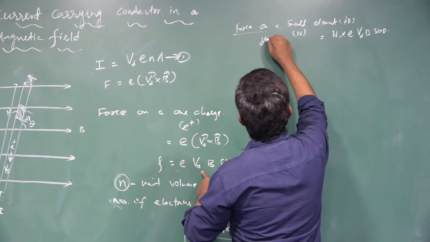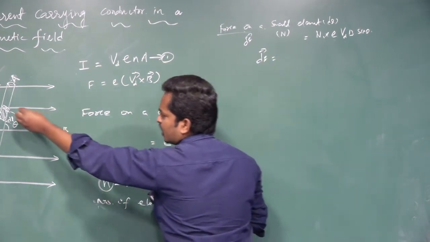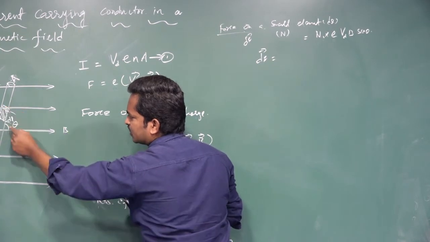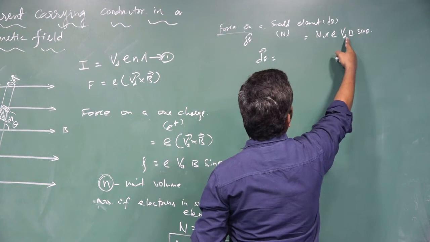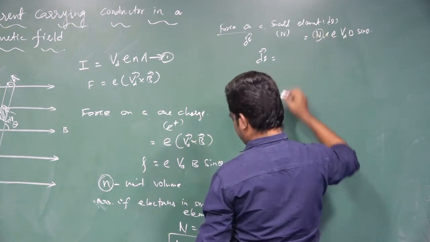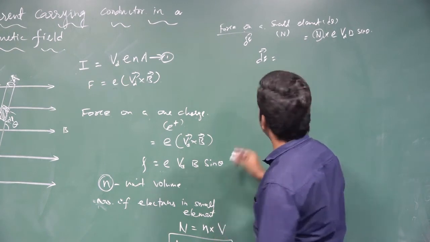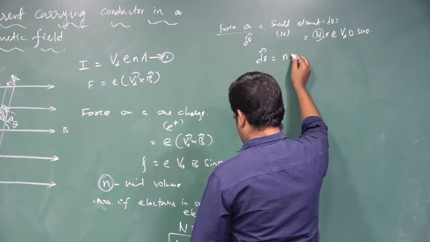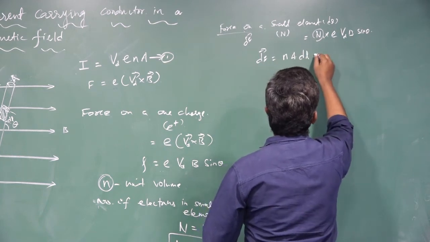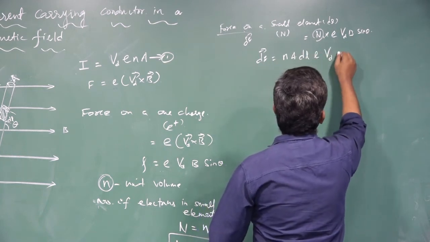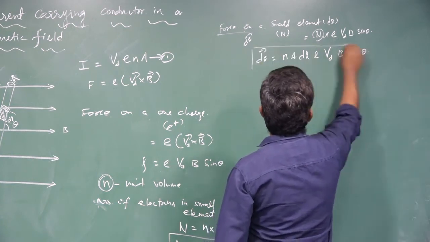I take this as dF vector, which is the force on the small current element of length dl, equal to N e Vd B sin theta. What is the value of N? N is n A dl. So this is n A dl e Vd B sin theta. This is the force on the small current element of length dl.